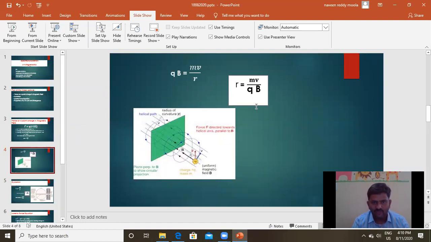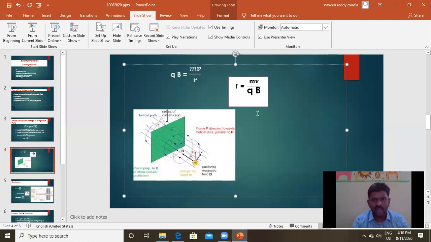Here R is equal to mv by qB. I am using V is equal to R omega. We know the relation between angular velocity and linear velocity: V is equal to R omega.